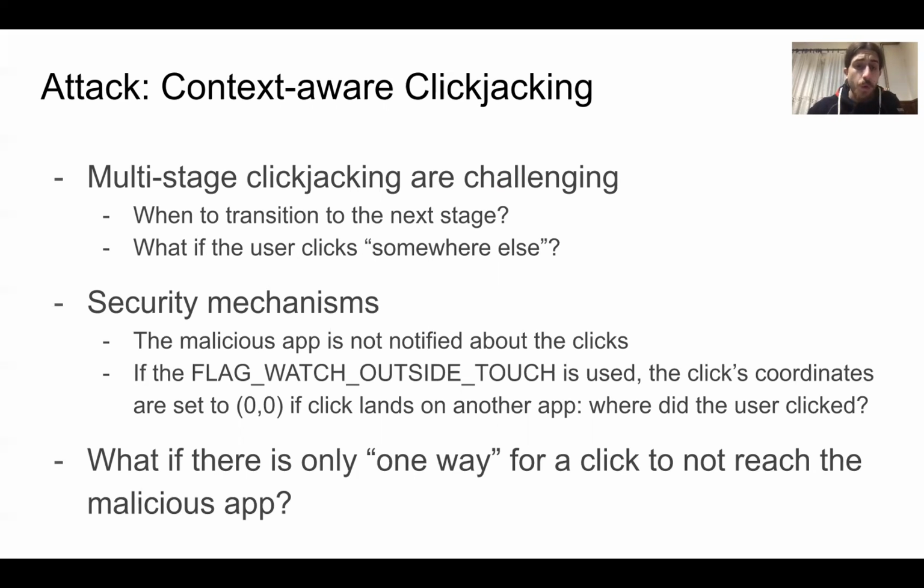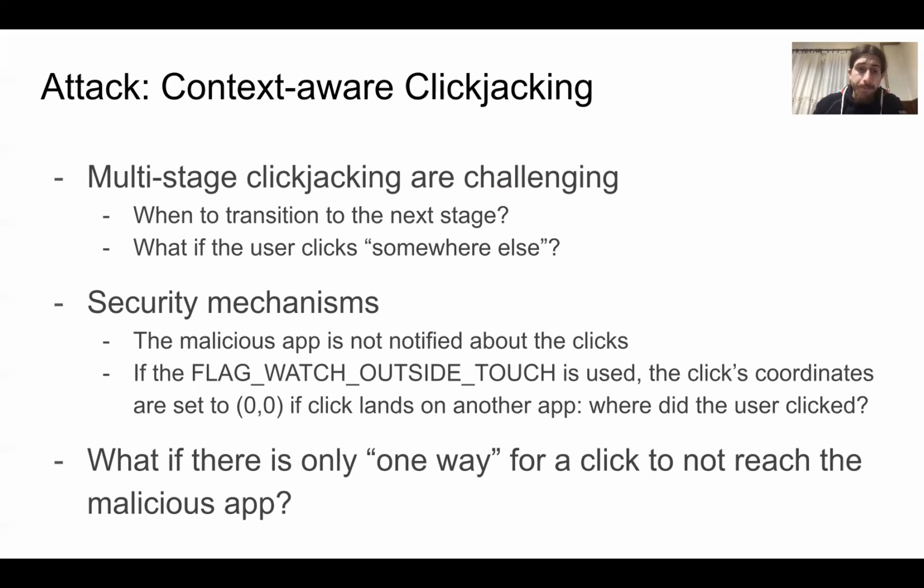For example, when to transition to the next stage. The user clicks on the fake button number 1, but then the attacker needs to know that the user clicked there so that he can modify the overlays so that the user is pushed to click on the fake button number 2. And then you also need to account for mistakes, like what if the user didn't click on button number 1, or what if the user clicked on button number 1 but after a while, so you need to get the timing right and so forth.